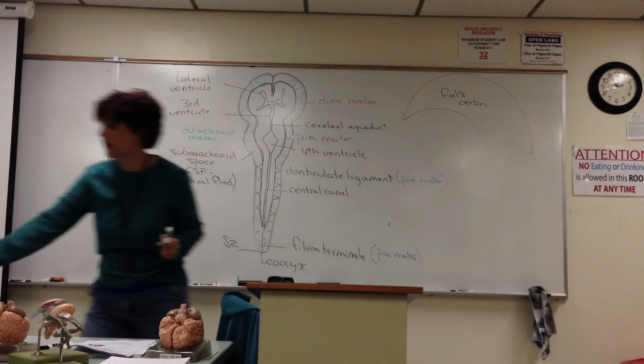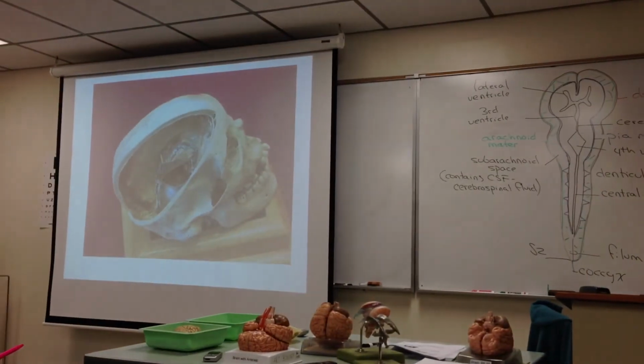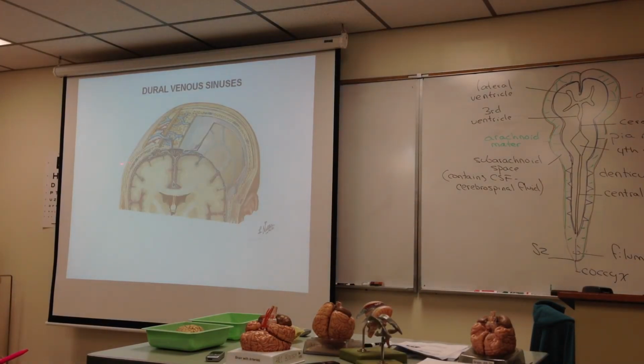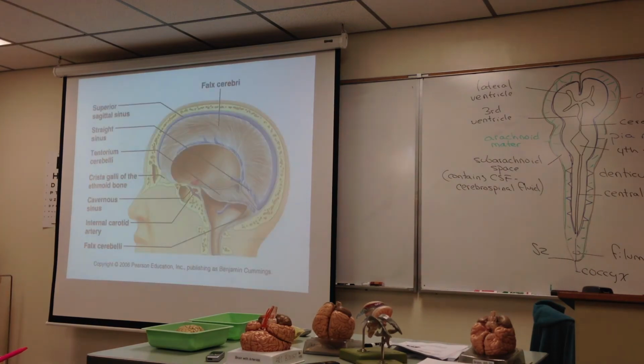So another view. Here it is on a real skull. And again, it's an arch-shaped structure here. And so that arch is right here. So this piece right here is this piece right here, where it comes down between the two hemispheres. And here's a better view.